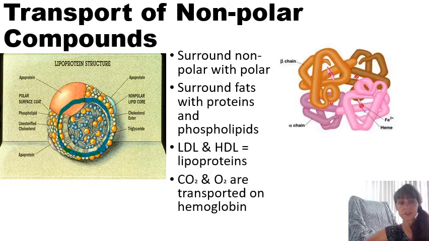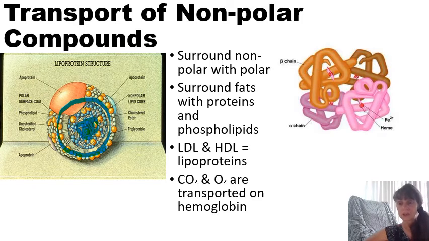So we have phospholipids, which have a polar head on the outside, and embedded proteins, like apoproteins, on the outside of the capsule to transport the triglycerides inside. Low-density lipoprotein and high-density lipoprotein are two examples of lipoprotein structures that will help transport fat through the bloodstream.